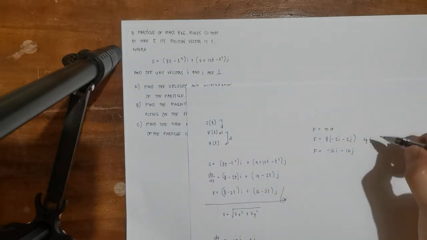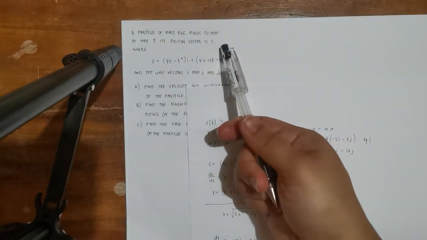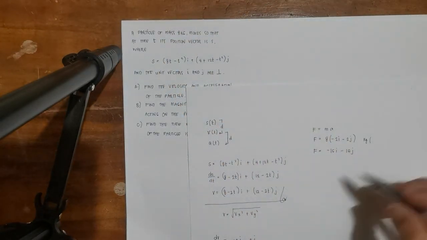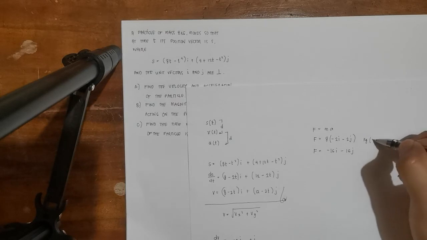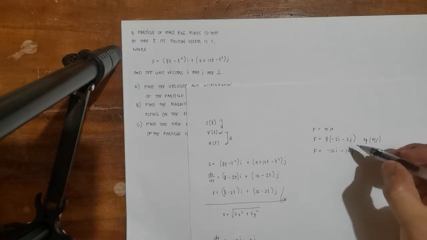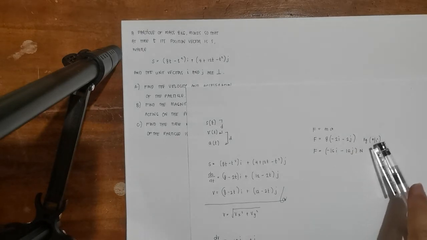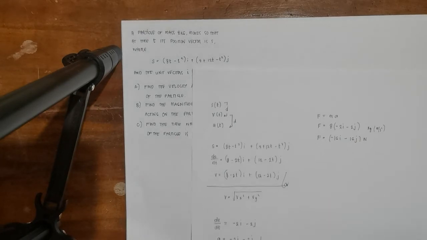Sabihin natin acceleration natin or yung time natin is in seconds and yung s natin is in meters. So, the acceleration will be in meter per second square. So, yung ating vector form of force is in terms of newtons or kilogram meter per second square.